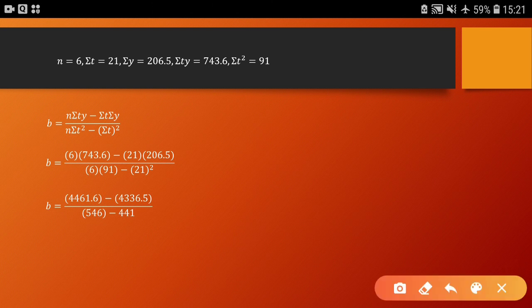Let us solve this sum. 6 into 743.6. Take your calculator. What's the answer? It's 4461.6. Then 21 multiplied by 206.5. It's 4336.5. 91 into 6 comes to 546. Square of 21 is 441.